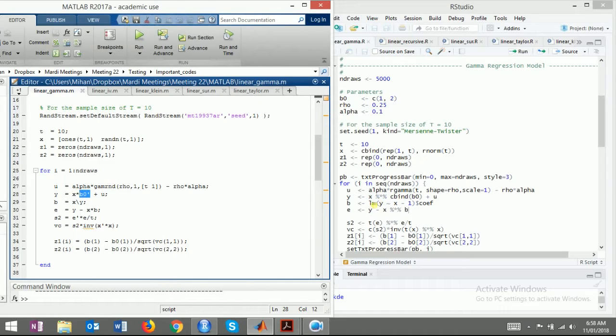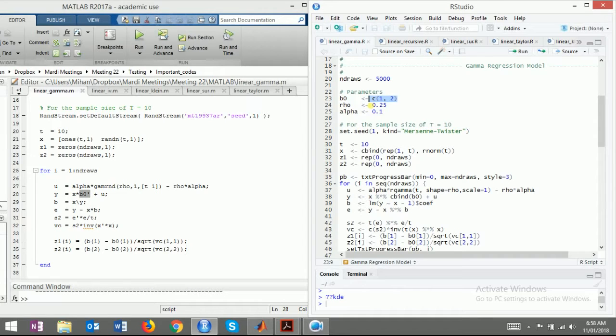Here x is multiplied by column bind beta naught, because beta naught has two values, so you want the whole thing to be in column. So x into column bind beta naught plus u.